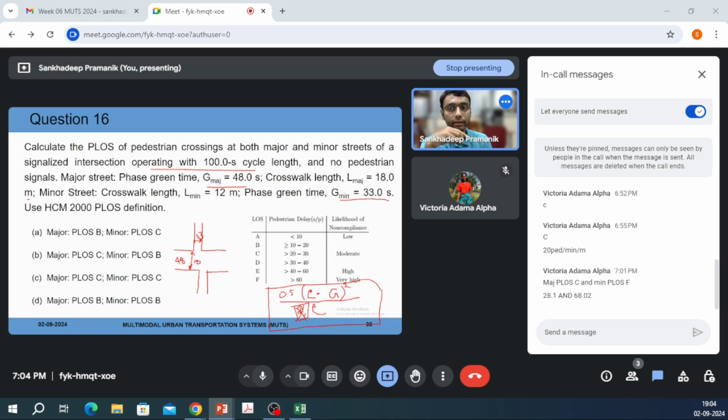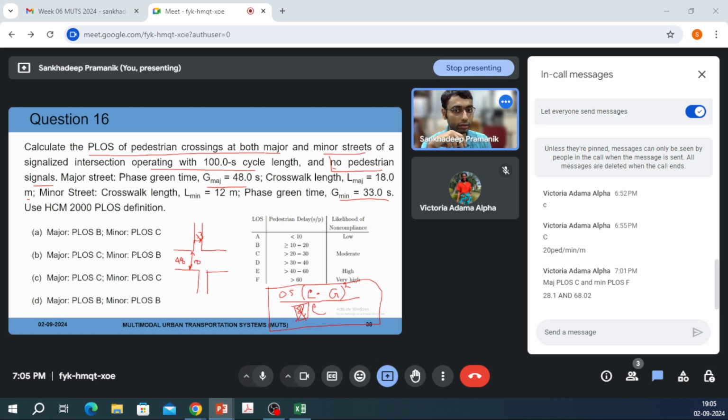Here we calculate the pedestrian level of service for crossing both the major road and the minor road of a signalized intersection. Now for the major road, calculate the crossing, and it also says no pedestrian signals are given. When there is a green signal on the major road, vehicles will cross, so pedestrians cannot cross.